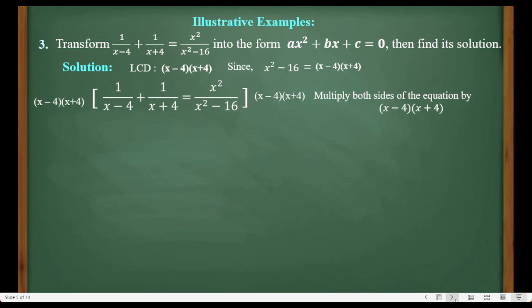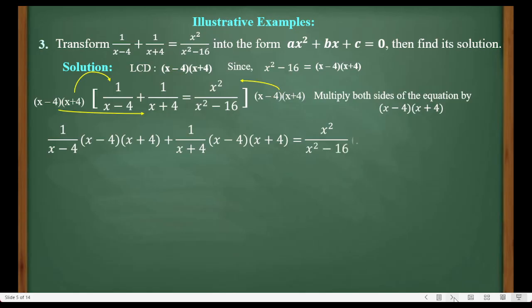So because of this, the equation now becomes longer, no? Because each term is now being multiplied by the LCD, quantity x minus 4 times quantity x plus 4. And because of this, at this point, we can now remove the denominators by cancellation, like this.